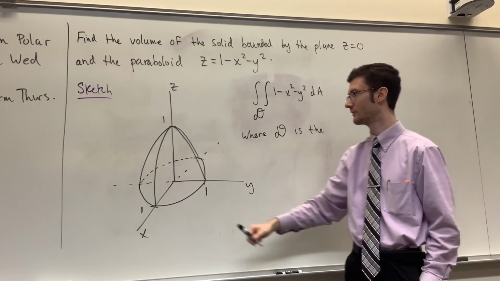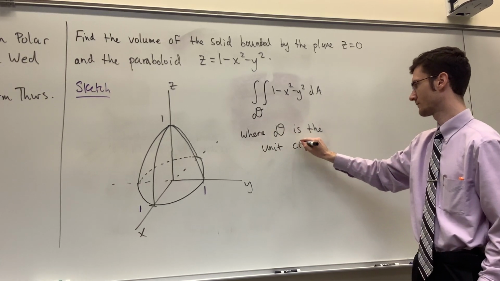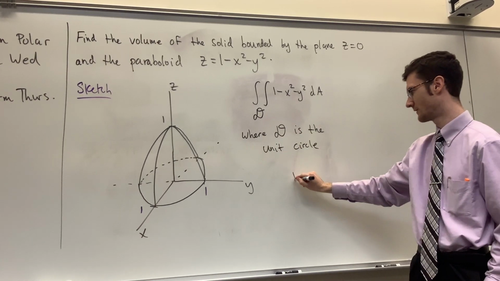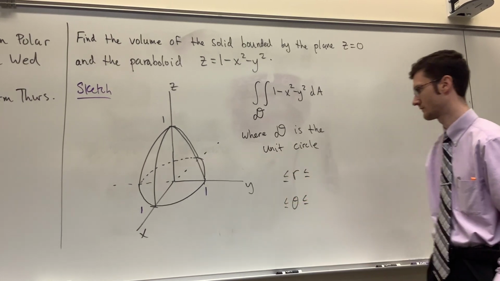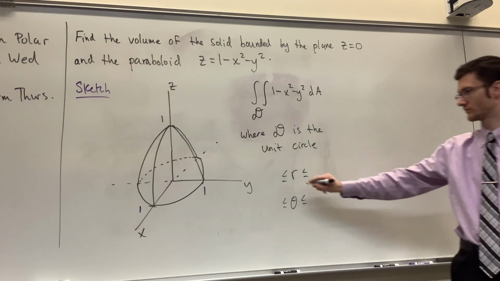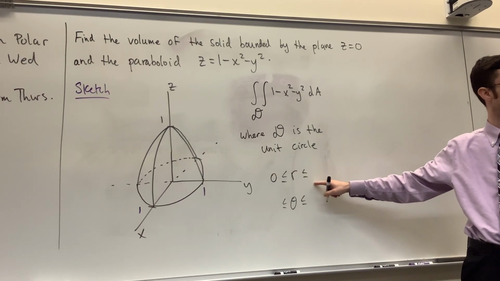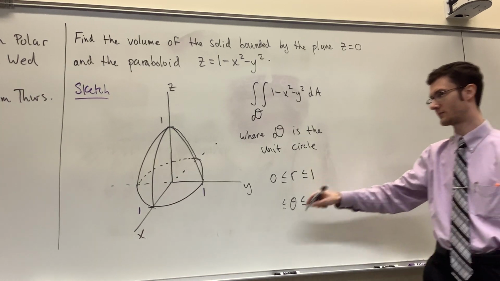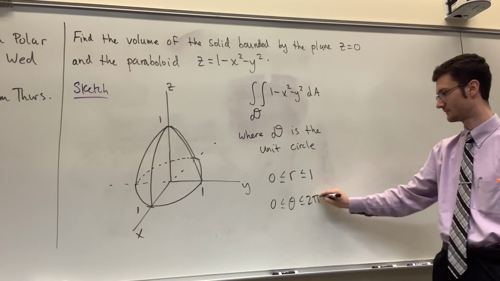It's the unit circle. How can we describe the unit circle in polar? 0 to 1, right? The radius of this thing is 1. 0 to 2 pi, right? We're going around the whole circle.